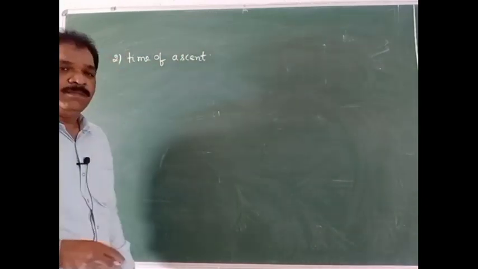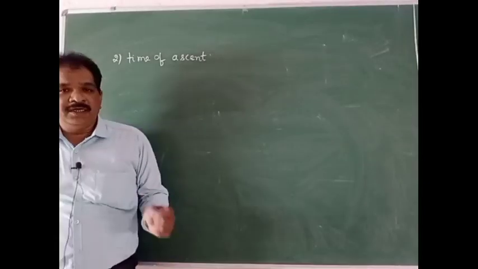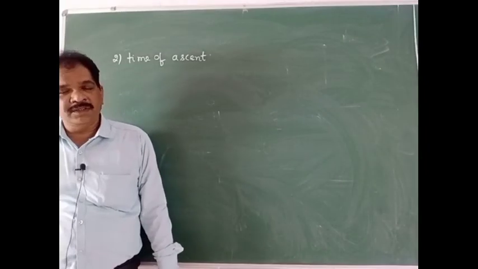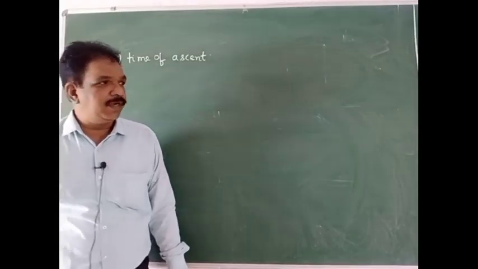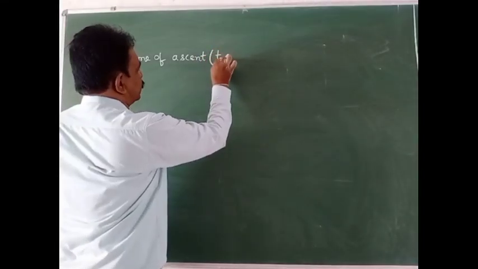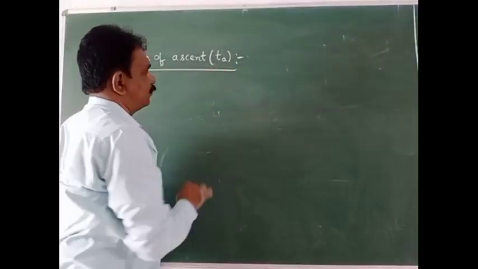First one was maximum height, the maximum vertical distance traveled by a vertically projected body. Time of ascent is indicated by the letter TA.